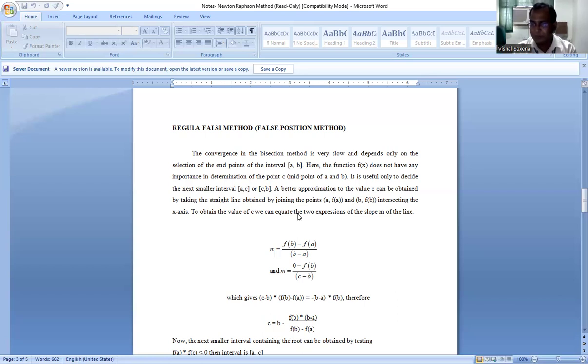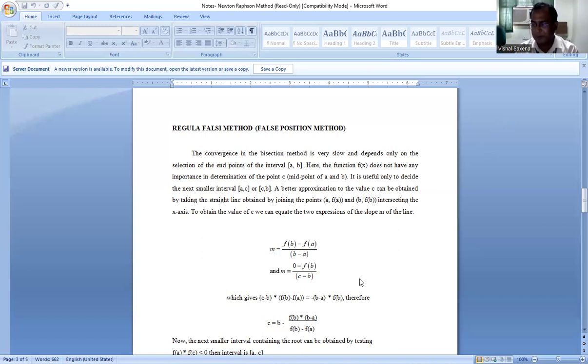The slope can also be given by 0 minus f(b) upon c minus b. These are two different expressions for the slope m of the same line. Equating them, we get (c minus b) multiplied by (f(b) minus f(a)) equal to minus (b minus a) into f(b).